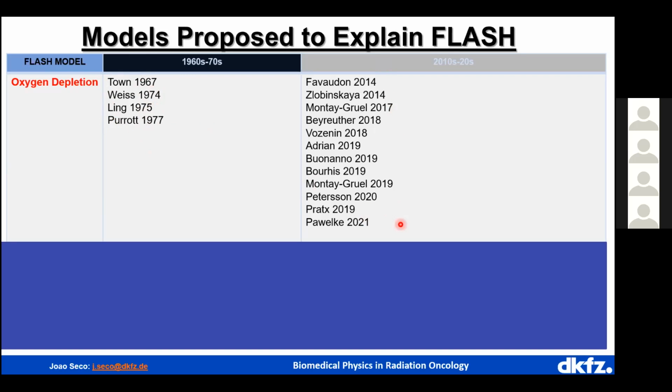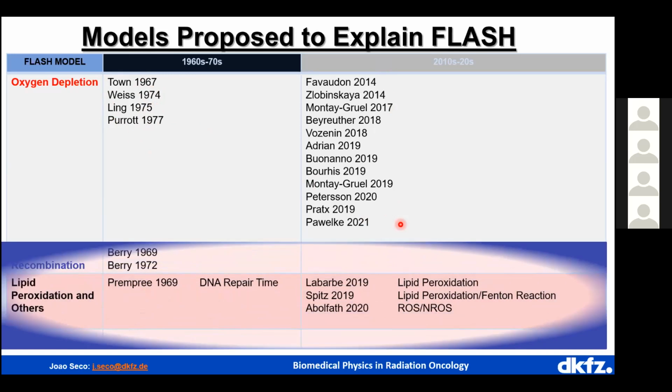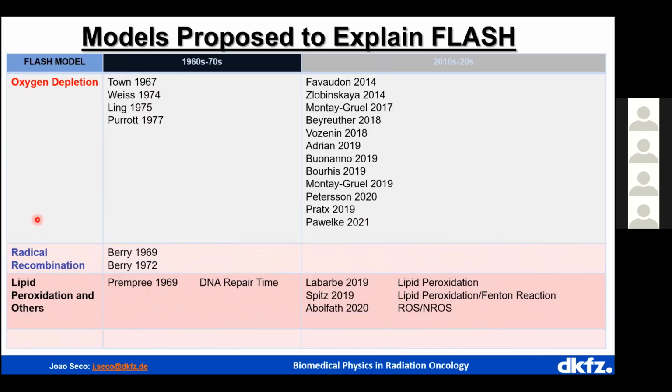So you see there are about 10 papers here, all of them based on that. Then there were a variety of other models, something called radical recombination and lipid peroxidation. All these models were alternative models that were proposed to try to explain FLASH. I want to bring to your attention that no one really knows how FLASH works. These are unproven models. And so there were many papers, in fact, based on really unproven models.